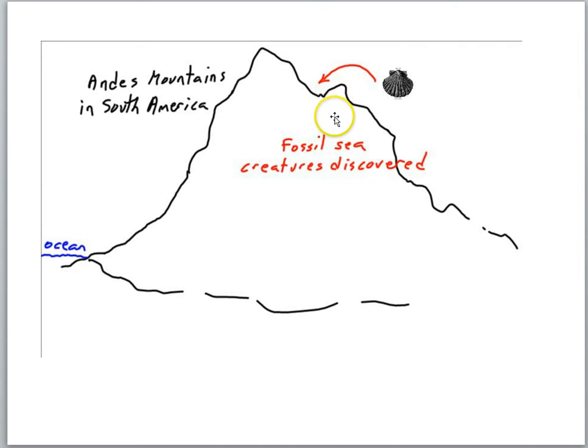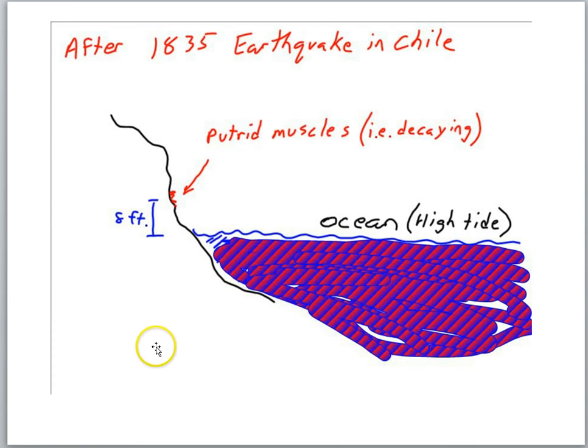Well, if that's the case, it makes you think, well, okay, first of all, what kind of force could do that? But secondly, how long would that kind of process take for the ocean floor to be pushed up to the heights of mountains? Well, we can begin to see some answers to those questions when on his journeys he actually experienced a very, very strong earthquake in Chile.